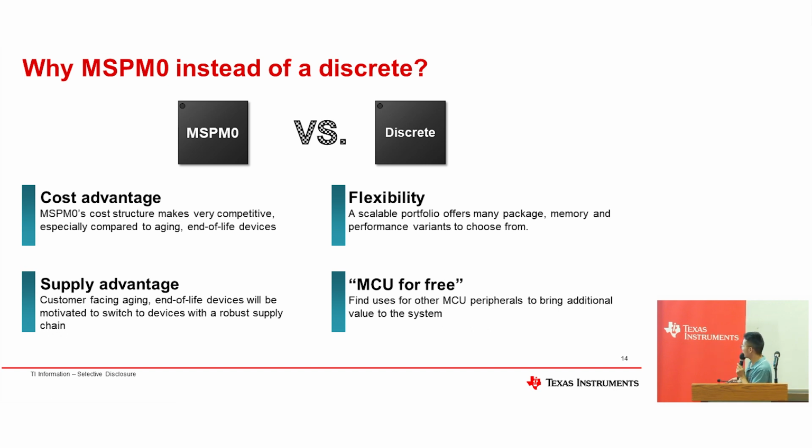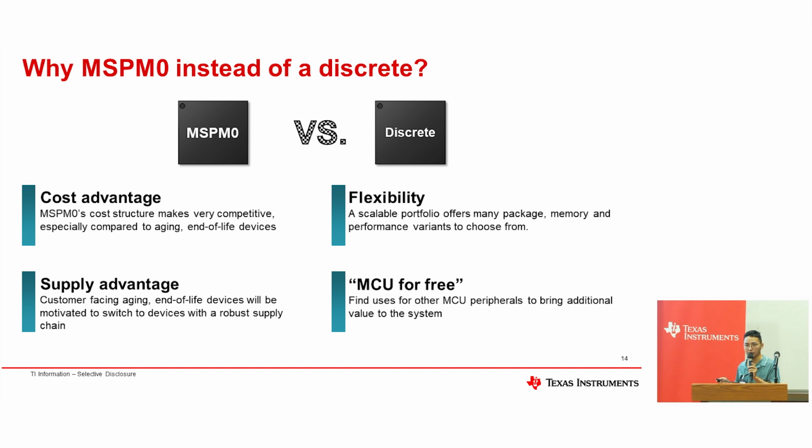The last one is that the MCU is free. What that means is that discrete components will not have an MCU. But for our MCU device, we not only have analog peripherals, we also provide timers or watchdogs, such peripherals on the device.